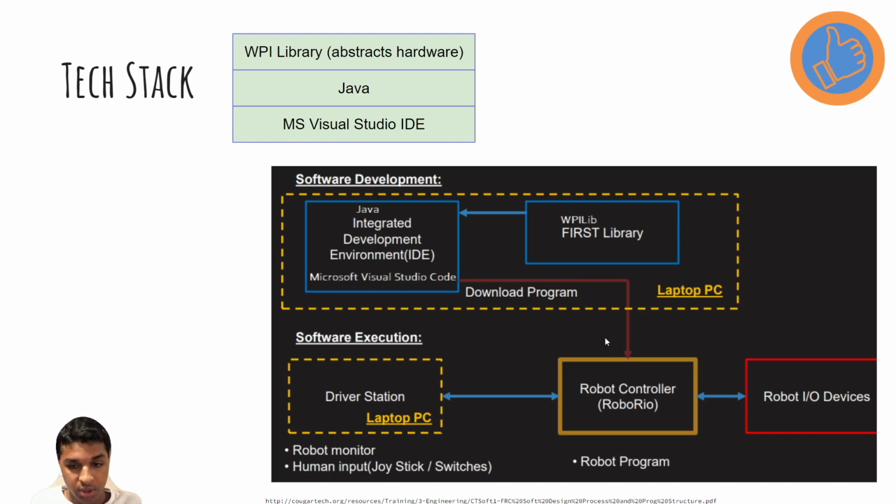So it's very important to understand how the RoboRio works and how WPILib actually interacts with it. So that's just a quick, basic, high level overview of how things are working under the hood.